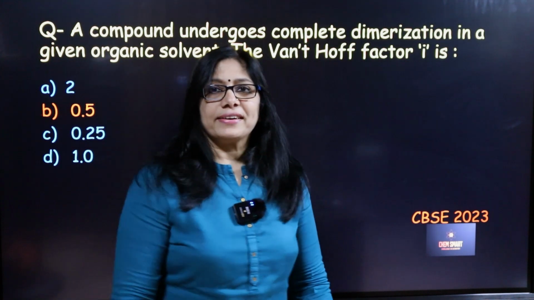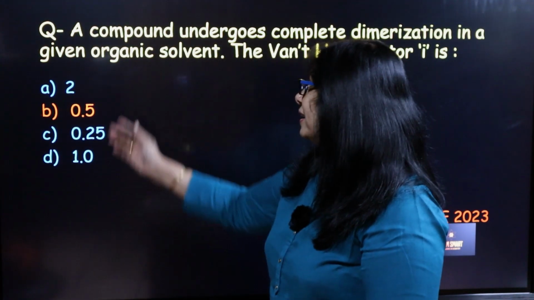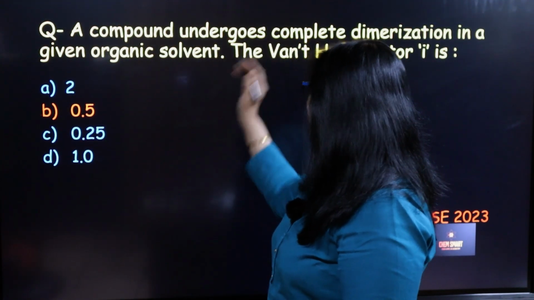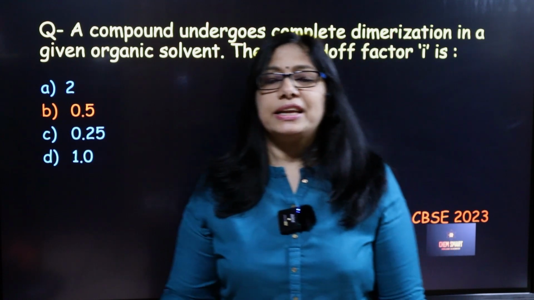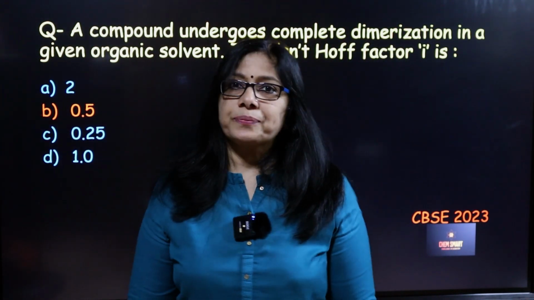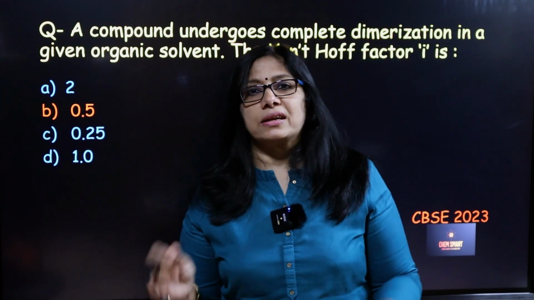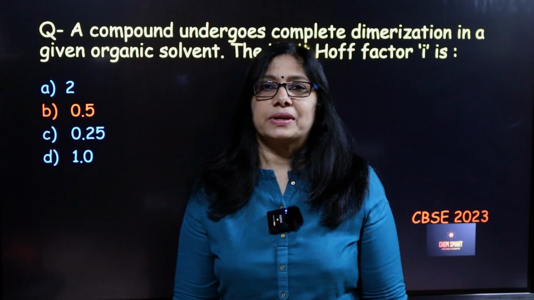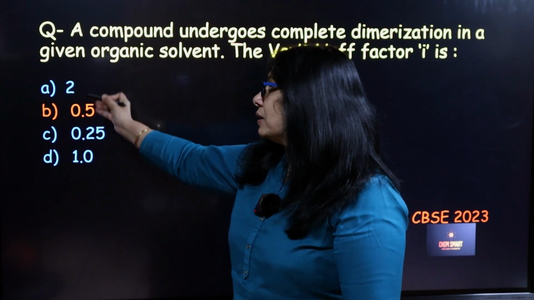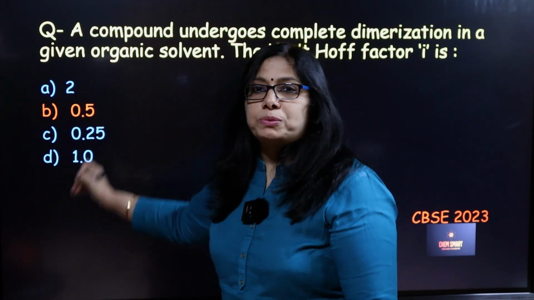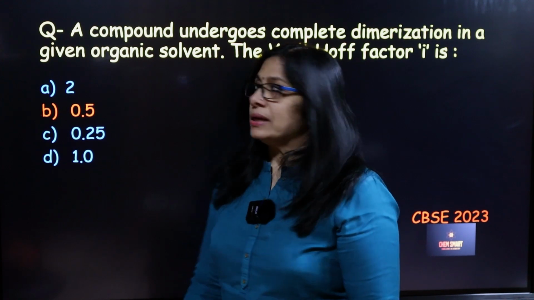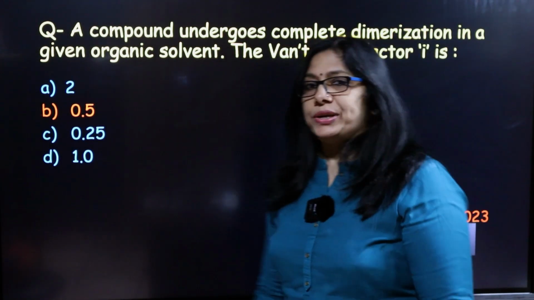Question number 1 is: a compound undergoes complete dimerization in a given organic solvent, and the Van't Hoff factor i here is what? You have to select one from the 4 options given. So let us see how to do this question.